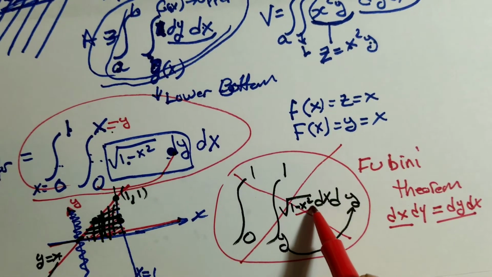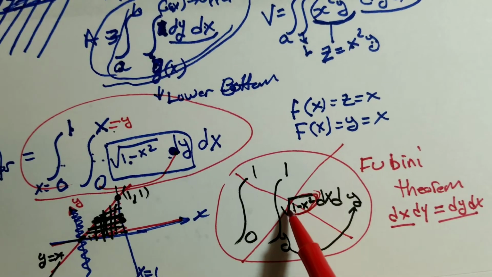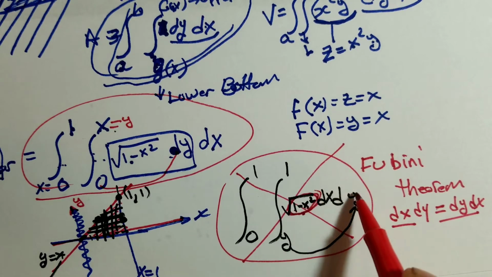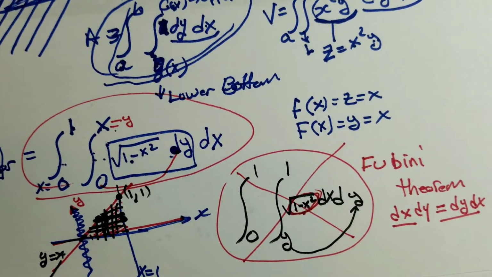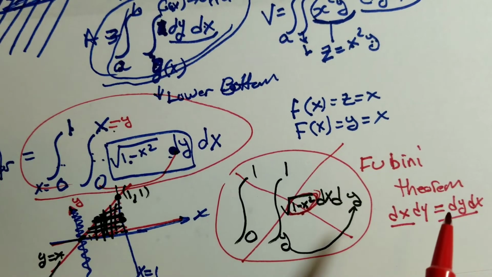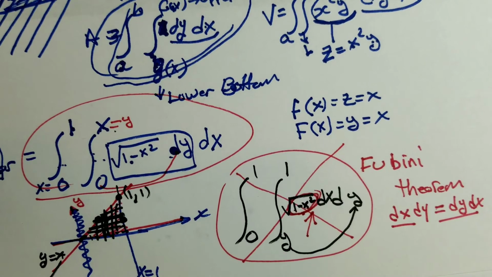Because if I want to do u substitution, if this is u, I need a du. My du is negative 2x. I don't have a negative 2x here. Somebody said, I'm going to do trig substitution. Yes, you might be able to do trig substitution.